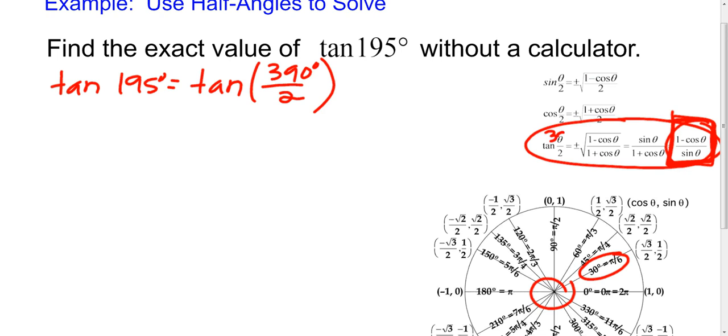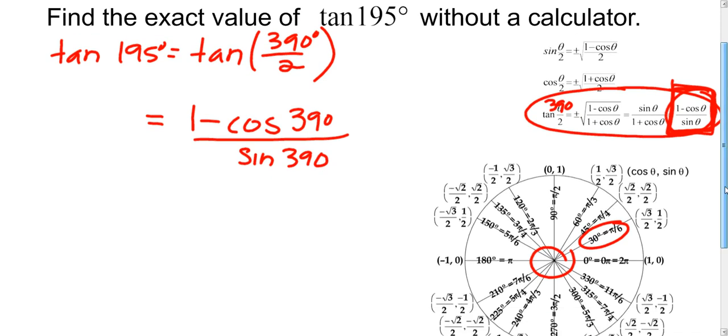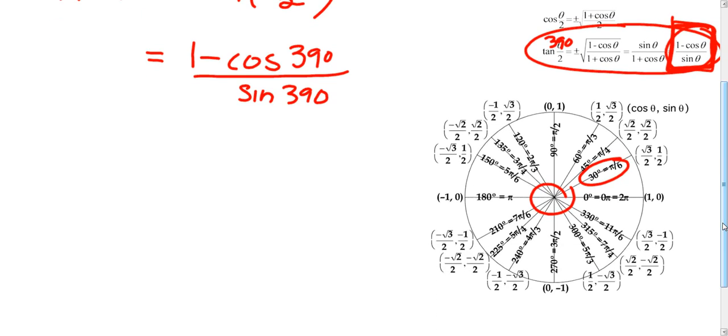Notice that in the formula, I have 390 plugged into that spot, so my theta is 390, okay? So I'm going to use that last formula and do 1 minus cosine at 390 over sine at 390. We already talked about how 390 was the same spot on the unit circle as 30 degrees.